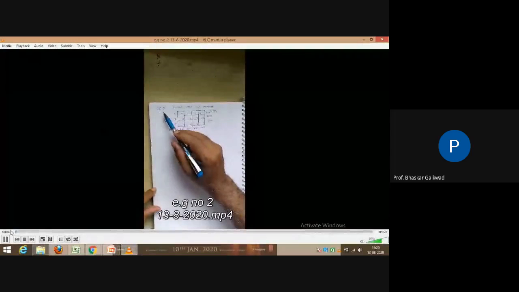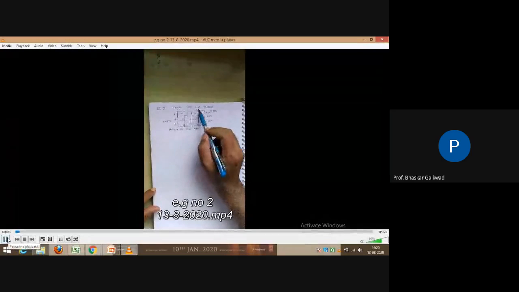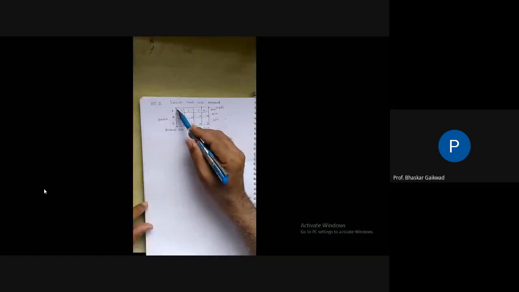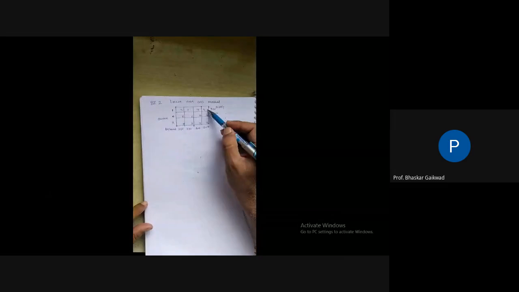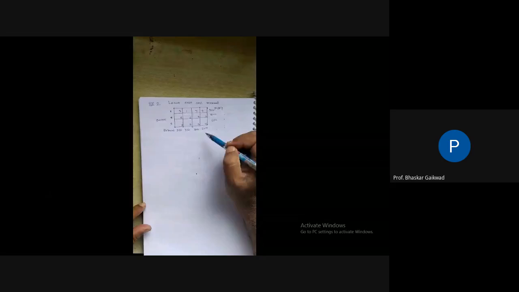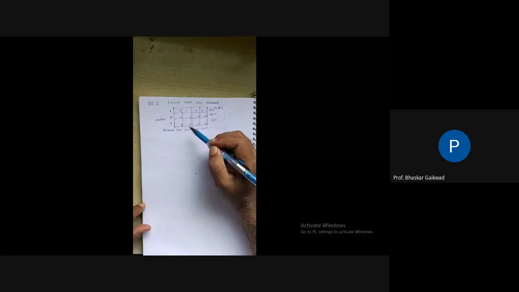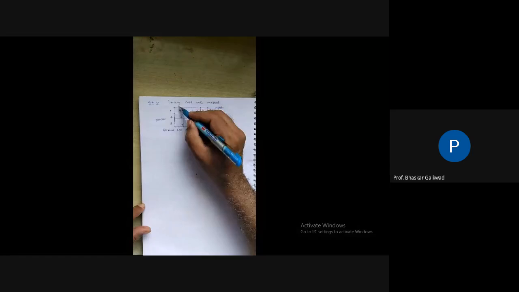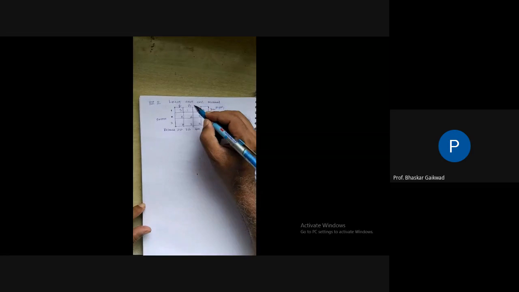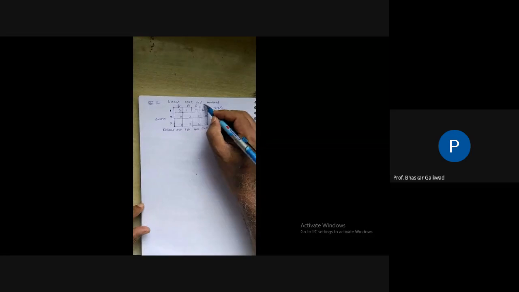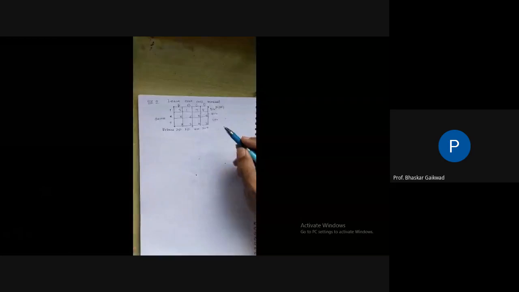Example number two, by using the least cost cell method, related to transportation. Now here there are three rows and four columns. Which side is supply and which side is demand? Sources are there, and these are the places A, B, C, D. Now we have to calculate the total transportation cost.